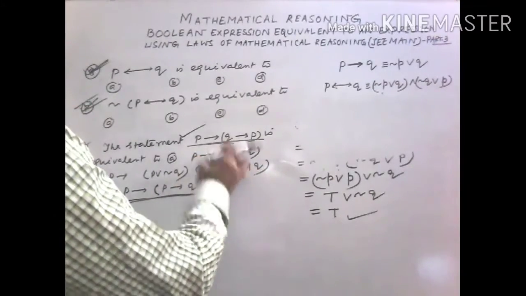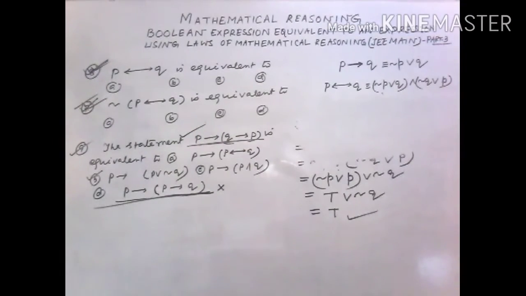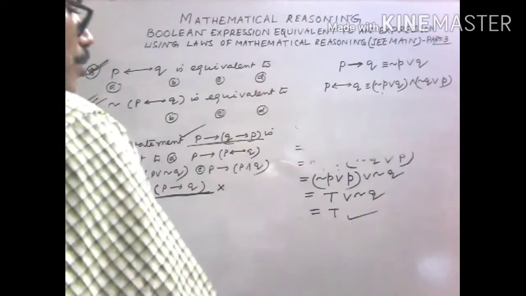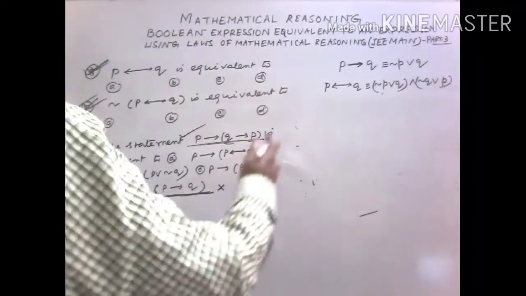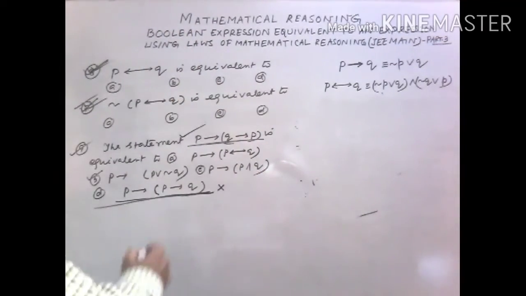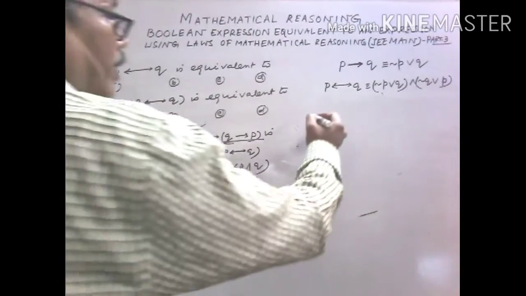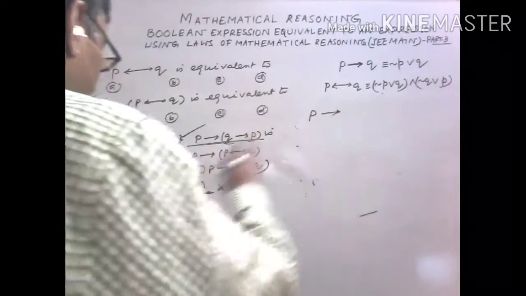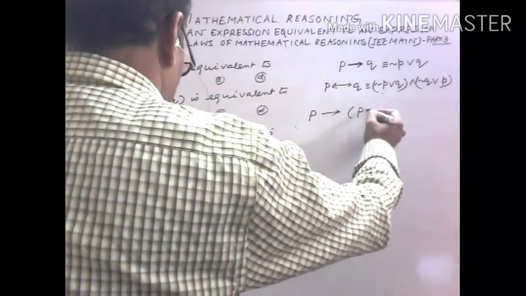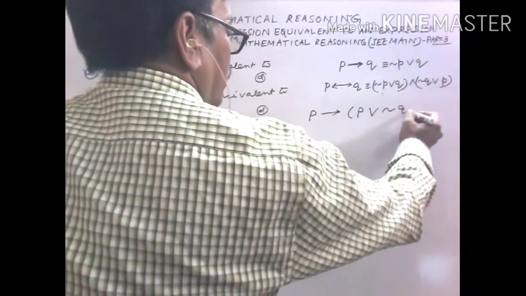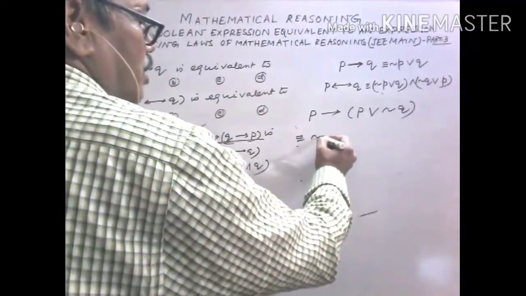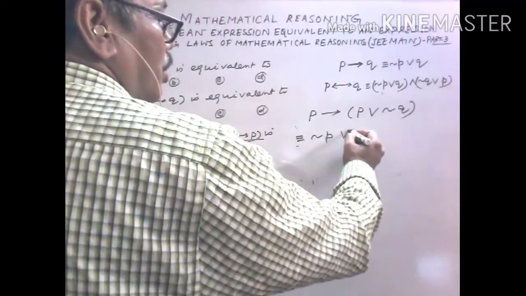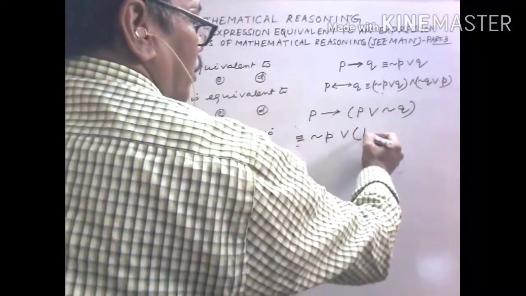We use a truth table for this one if we are not getting the answer. So first one is equivalent to tautology. So B: P arrow negation Q. Now by definition, this is negation P union, this second one.